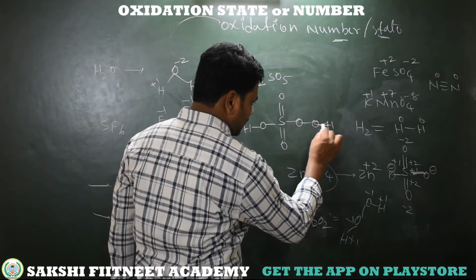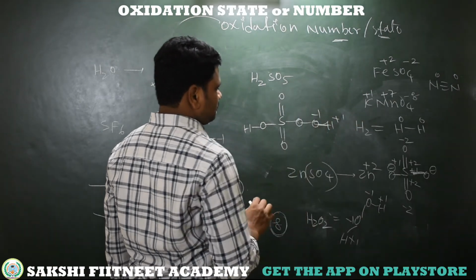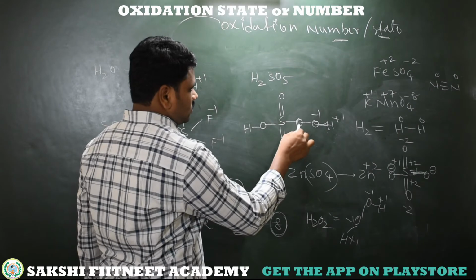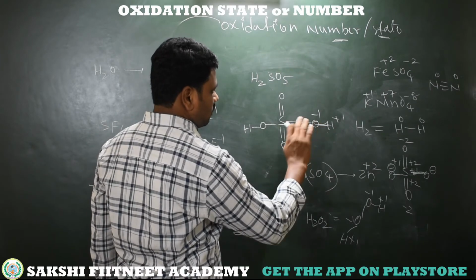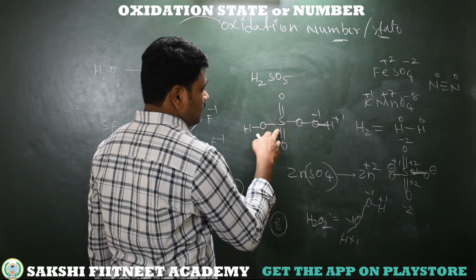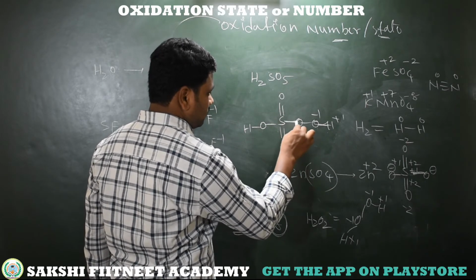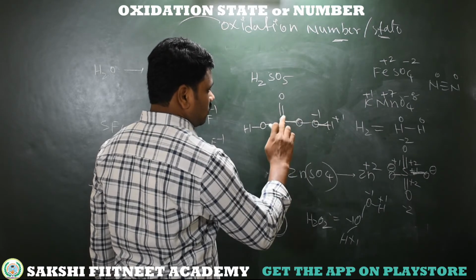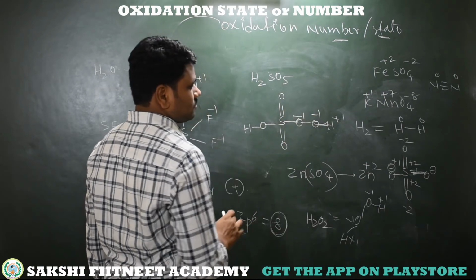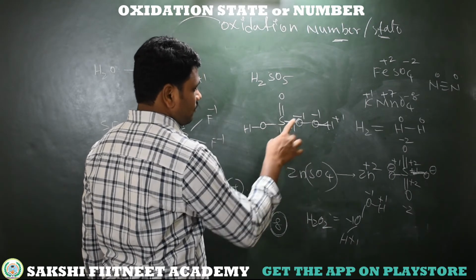So with respect to this single bond, oxygen gets -1, hydrogen gets +1. See here, this oxygen, with respect to oxygen no charge because similar electronegative, but sulfur is less electronegative than oxygen, so electron is displacing from sulfur to oxygen, so only one bond, so -1. What about the sulfur? It becomes +1 with respect to this oxygen.